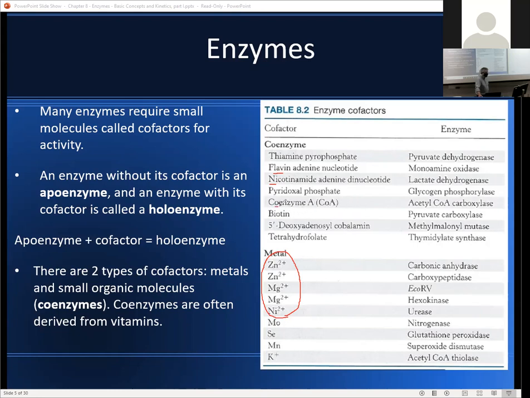Coenzyme A, you might be familiar with from metabolism. Pyruvate from glycolysis is converted into acetyl-CoA. Acetyl-CoA is the molecule that enters the Krebs cycle. So these are all examples of cofactors.